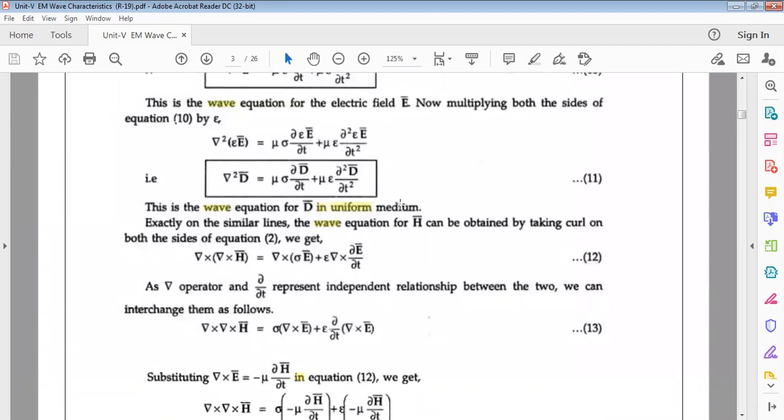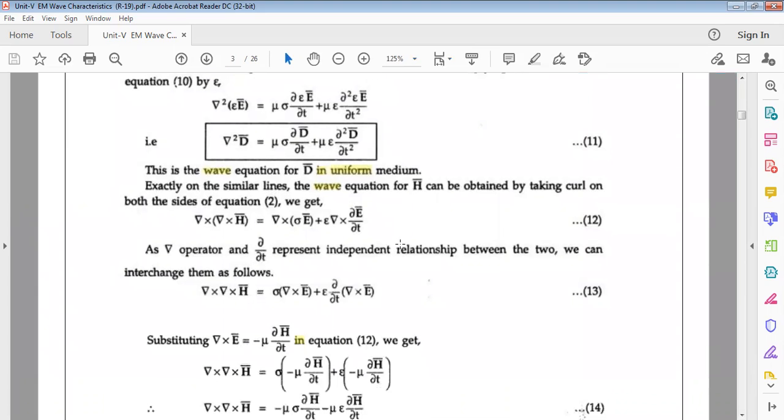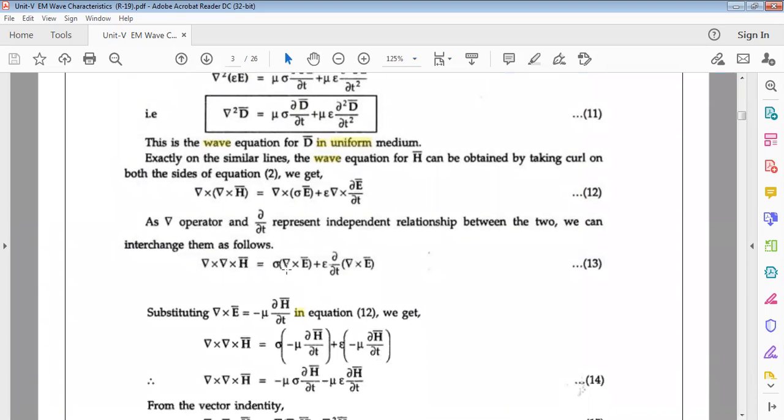See, for the H bar, the wave equation for the H bar, here there is a sigma into del cross E bar plus epsilon into dou by dou t of del cross E bar. So del cross E bar is replaced with the minus mu dou H bar by dou t.